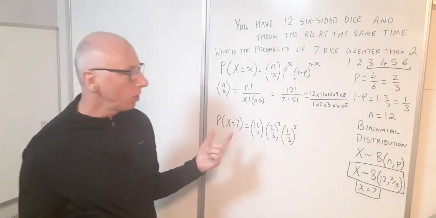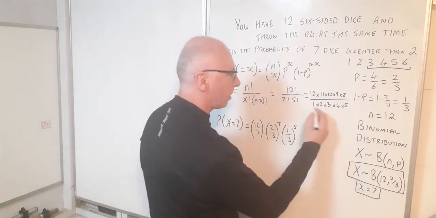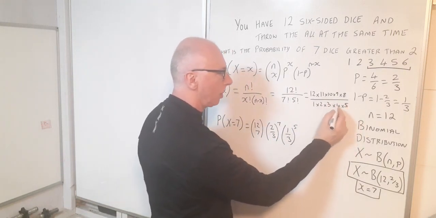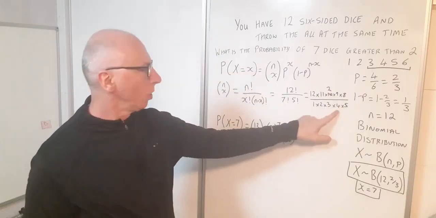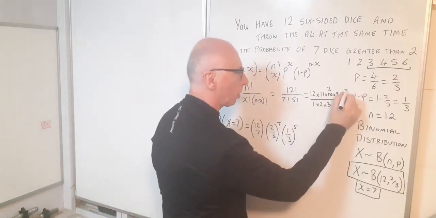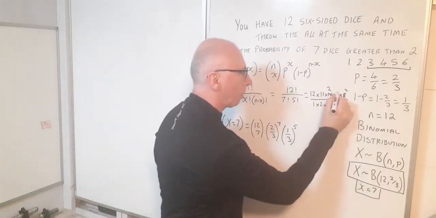Now I want to show how to do this without a calculator, so I'm going to simplify this. What can I cancel out? Well, I've got a 5 and a 10, so that's gone, and that becomes a 2. I've got a 4, which could go with the 8, and that would just become a 2. I've got a 3, which could go with a 9, and that'd be a 3.